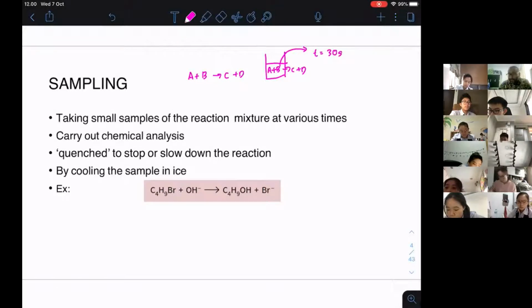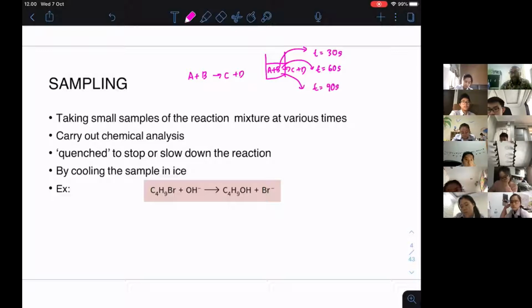Then I will take another small sample when T equals 60 seconds, let it react, and while reacting, take another sample at T equals 90 seconds.